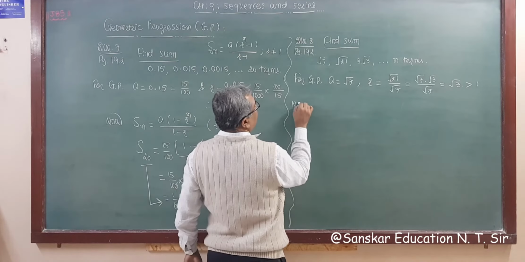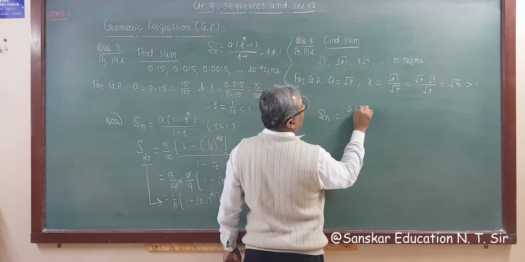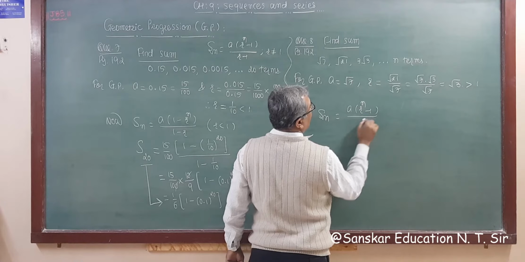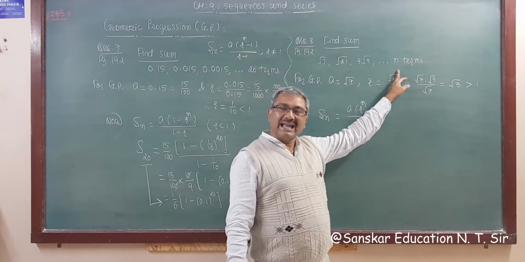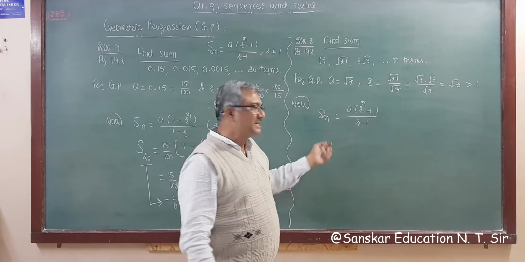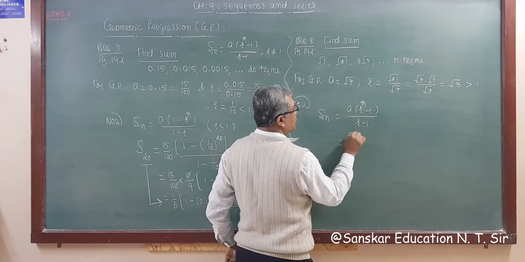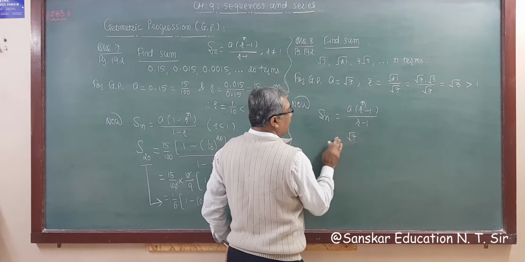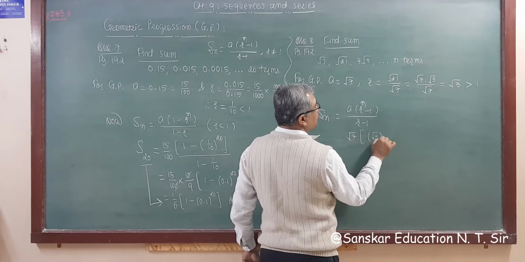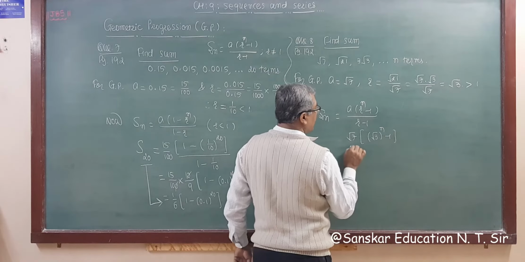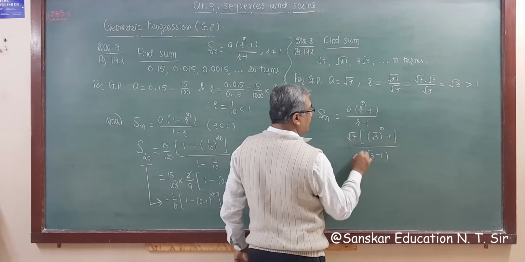So now Sn is equal to a(r^n - 1)/(r - 1), right? We have to find the sum of n terms, so we have to keep n as it is. So Sn is equal to a, a is root 7. So this is root 7, right? r is root 3 raised to n minus 1, whole upon r is root 3 minus 1.